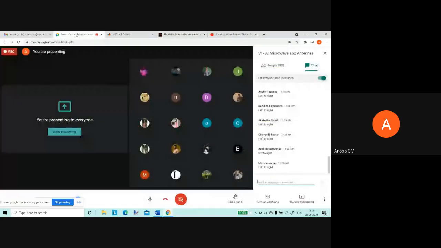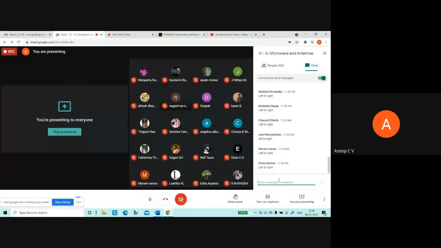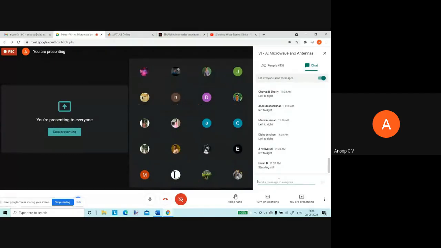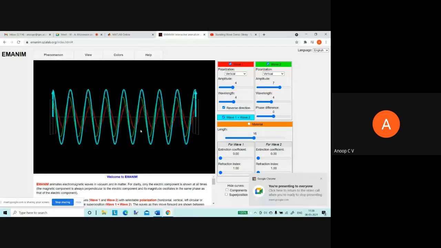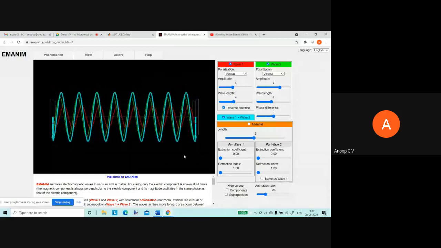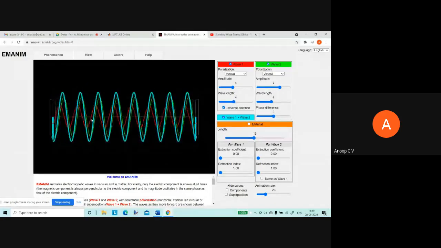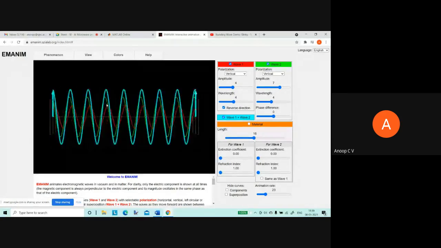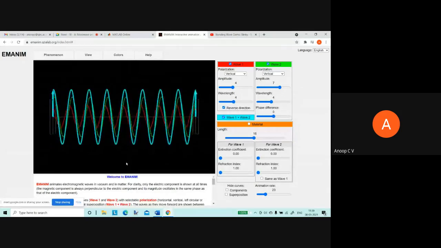I can see the majority are typing left to right, and in between some standing still. So the correct answer is that you should feel it is moving from left to right. If you look closely, the peak of the standing wave moves along with the peak of our green wave.